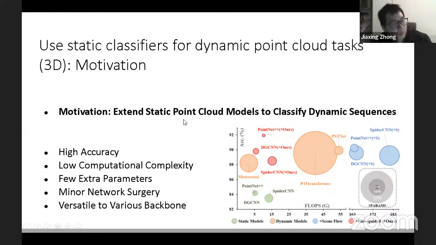More importantly, typically we have more mature static models than dynamic models. So as long as we have a static model, we can do minor network surgery and extend it to many types of static backbones. That is our motivation.